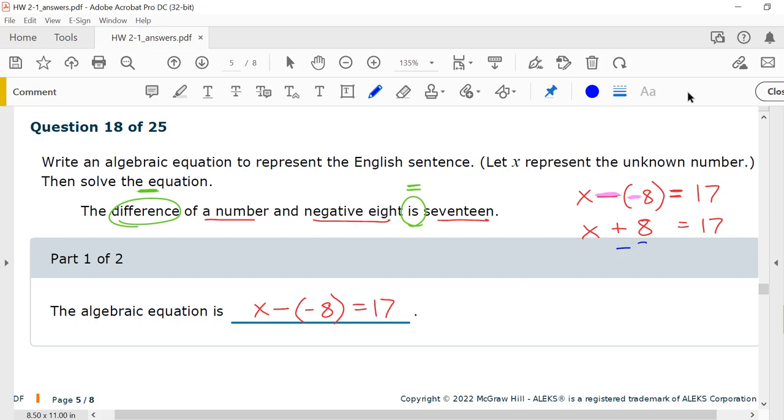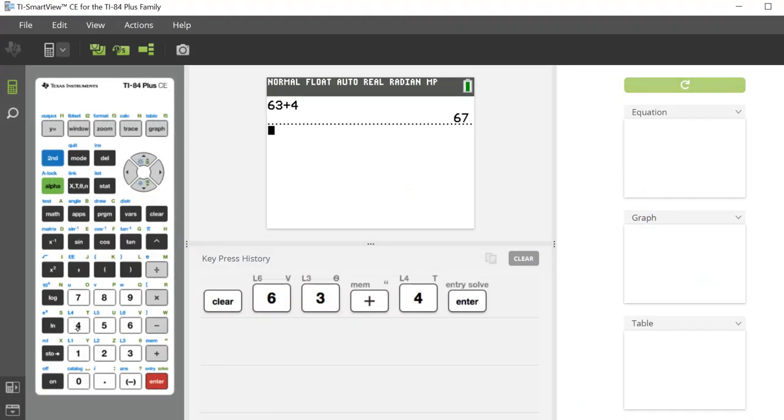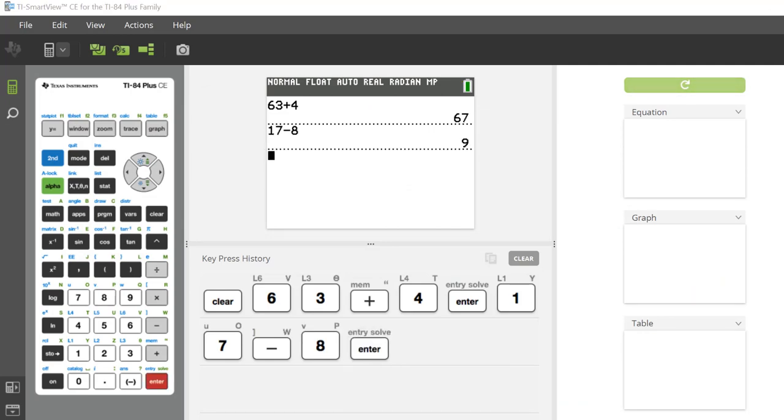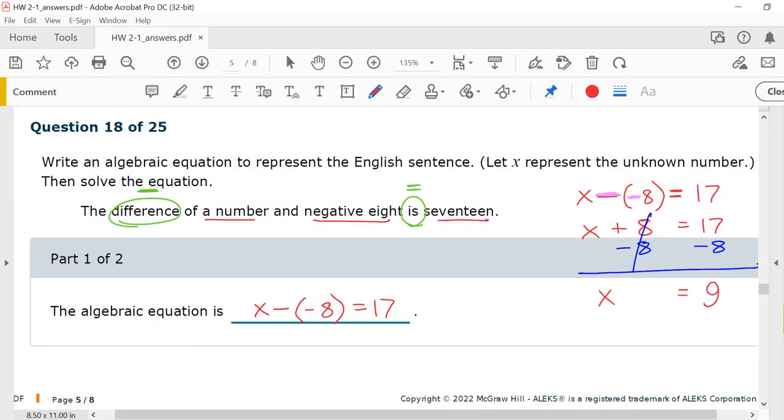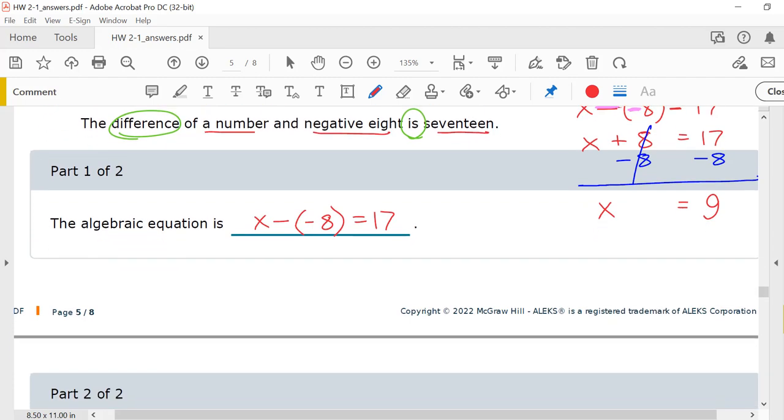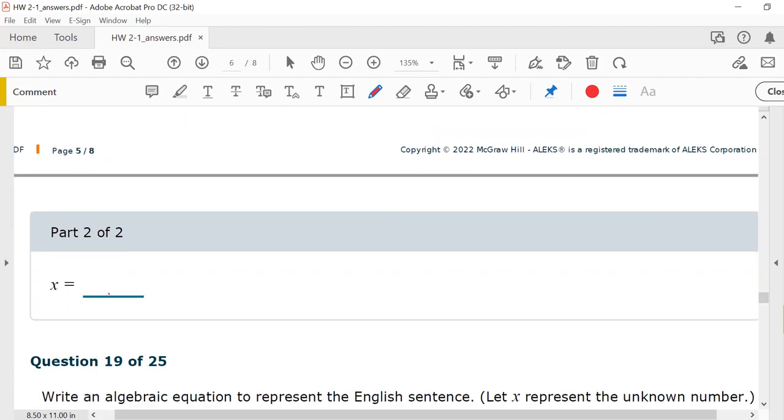I need to subtract 8 from both sides. 8 minus 8 is 0. On the left-hand side, I'm left with x equals 17 minus 8 is 9. So the solution to that equation is x equals 9.